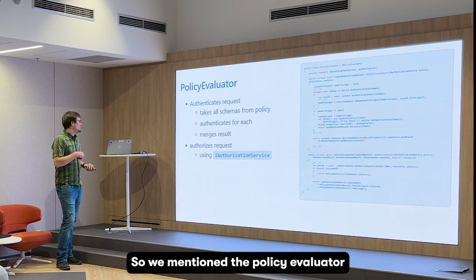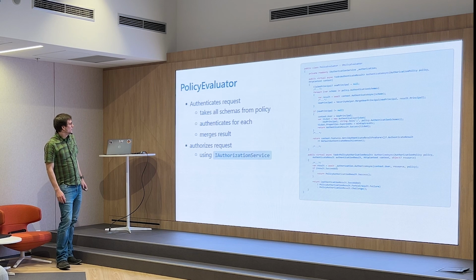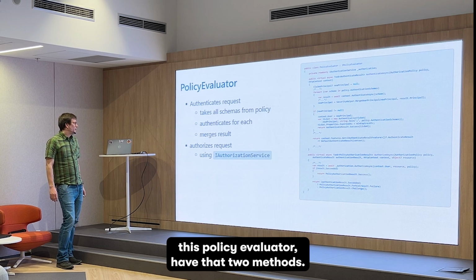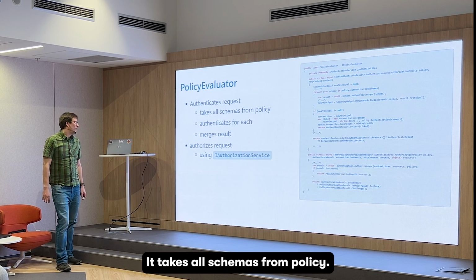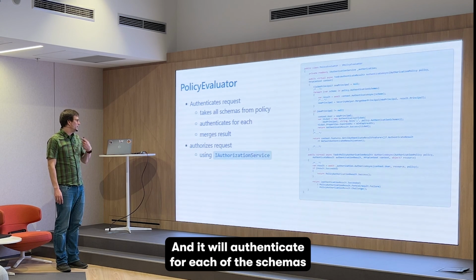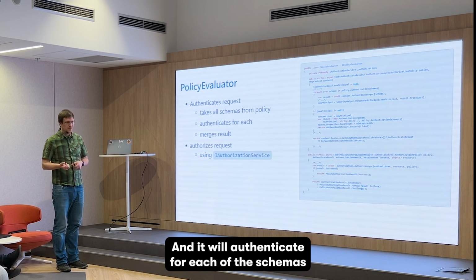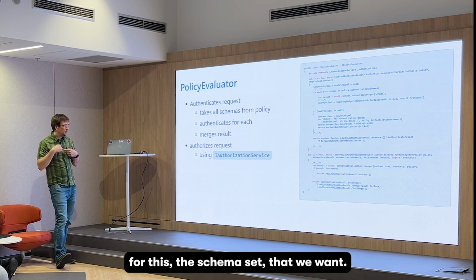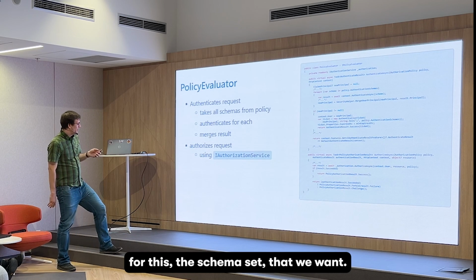So we mentioned the policy evaluator, and this policy evaluator has those two methods. It takes all schemes from the policy, and it will authenticate for each of the schemes, because we want to check if the requirements work for the scheme set that we want.